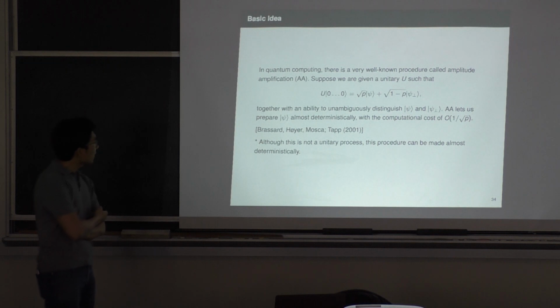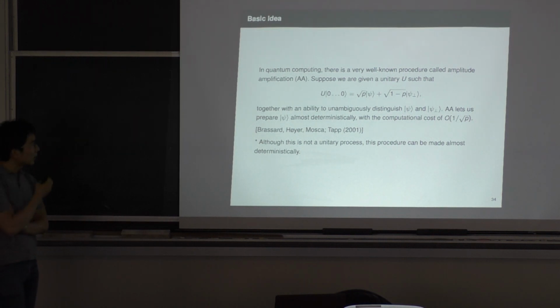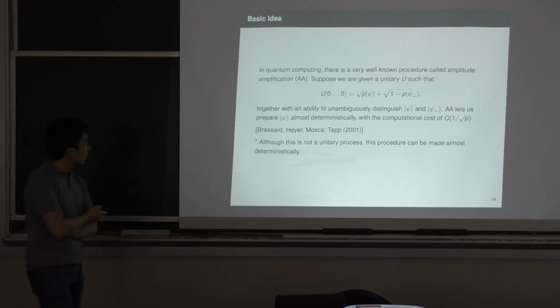And the basic idea is this well-known procedure called amplitude amplification, or specifically a very souped-up version of it. And what it does is the following. Suppose we're given some unitary such that applied to some simple state, like the all zero state, we get some state with some probability.